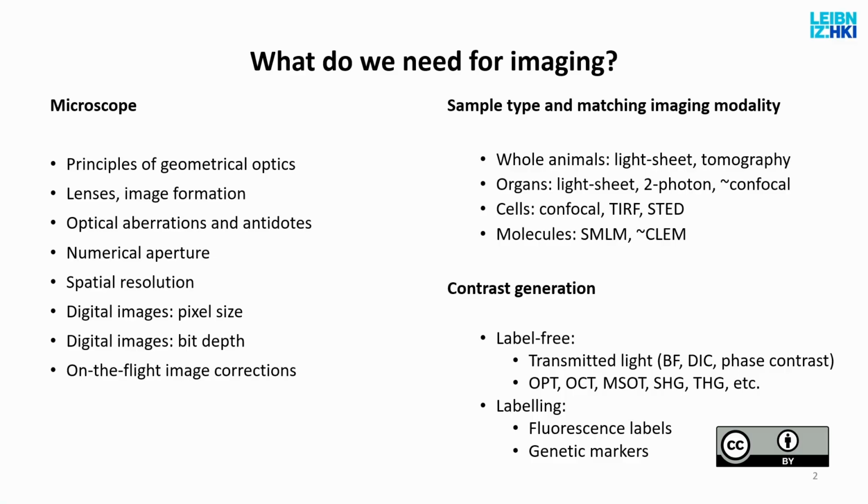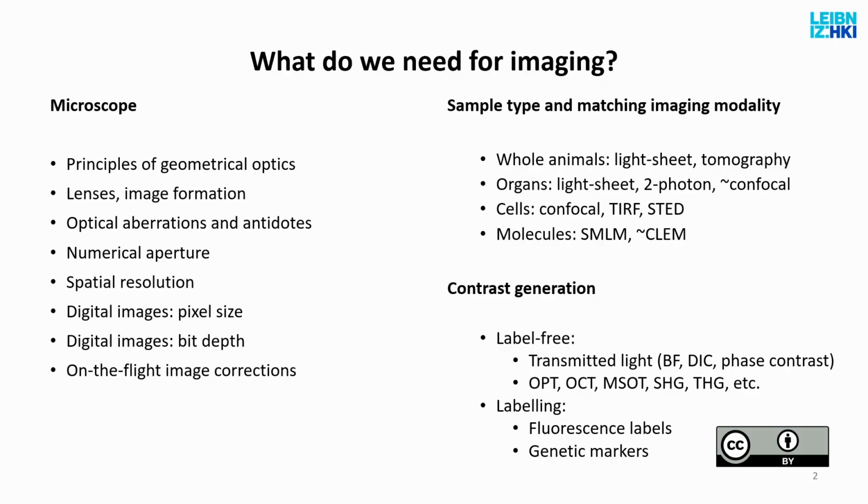And what we will go through is basically these subjects. You have the slides so you know what is going to be the material. So we will go through the principles of building a microscope. Some of these subjects, for example, bit depth and pixel size, etc., Rumen will go through in more detail in the afternoon.